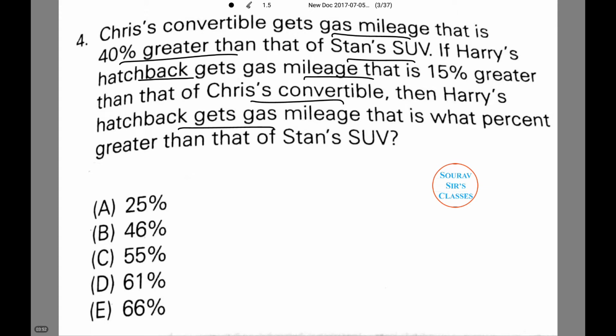This is a simple plugging in problem. Since it's a percent problem and the question asks us to find a percentage greater than the mileage of Stan's SUV, let's make Stan's mileage 100. Thus Chris's mileage is 140.